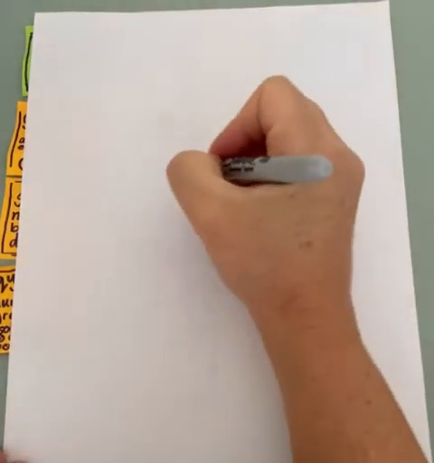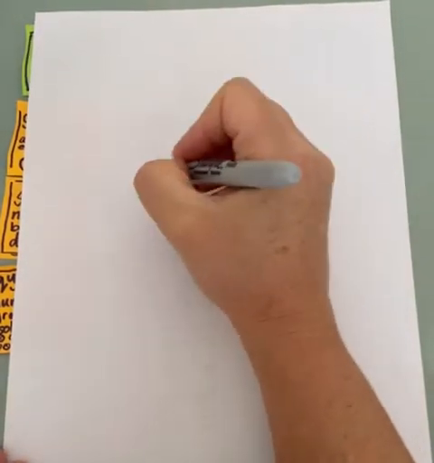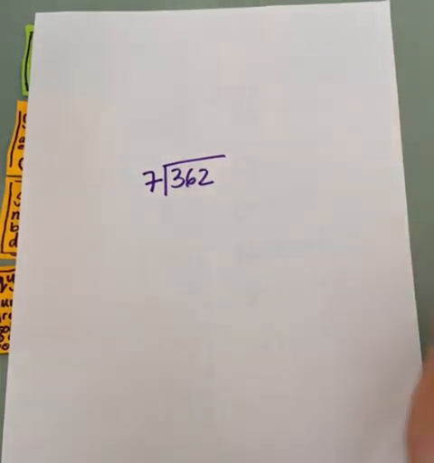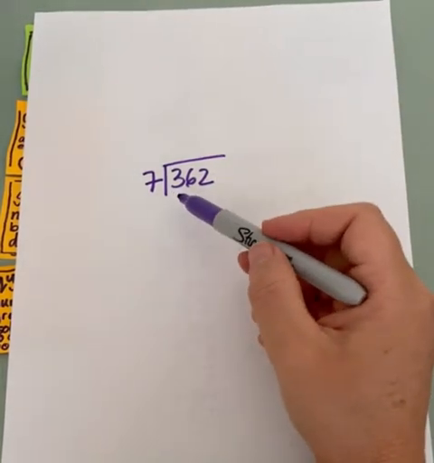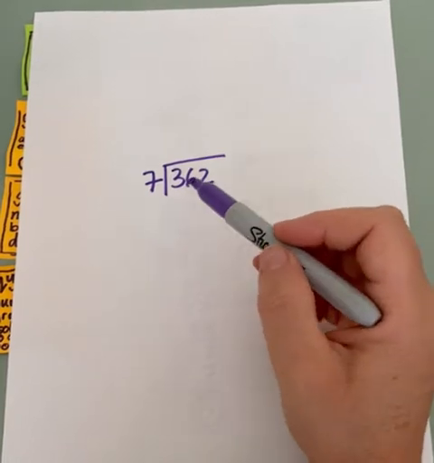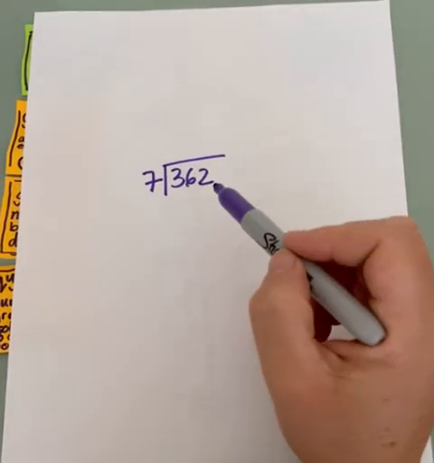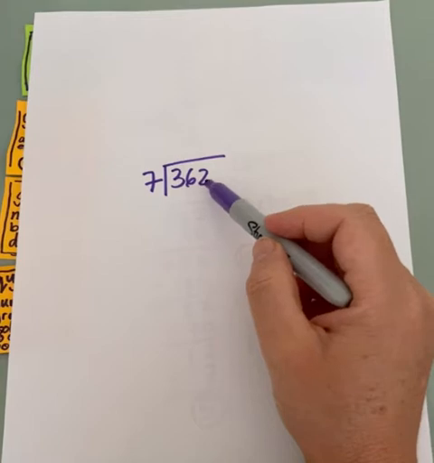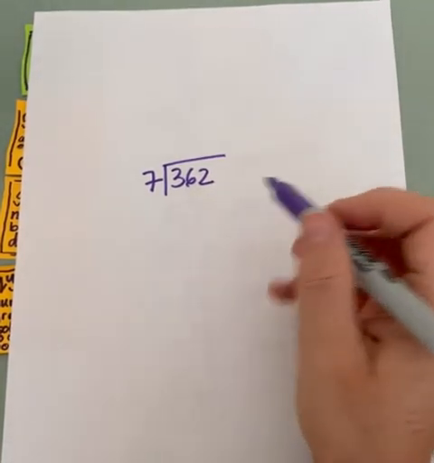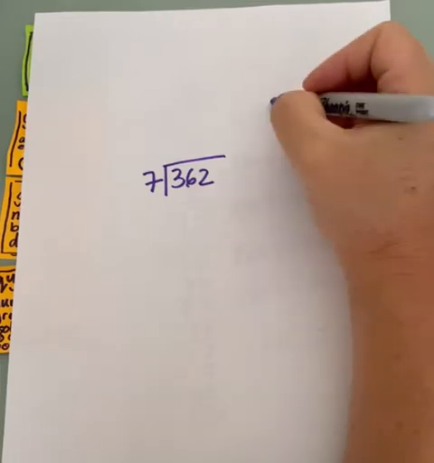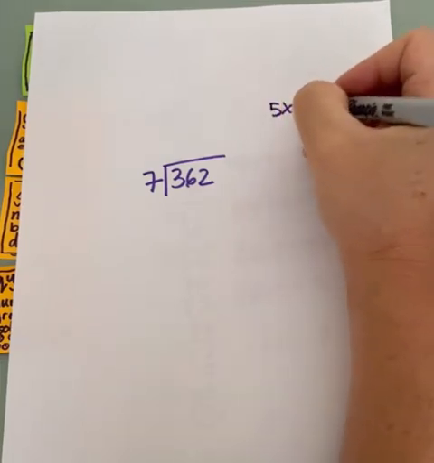I'm going to write this again. 362 divided by 7. Well, I think I can multiply a math fact by 10 to get closer to the dividend. So I'm looking at 362, which is close to 350. This is making me think, well, I know 5 groups of 7 is 35.